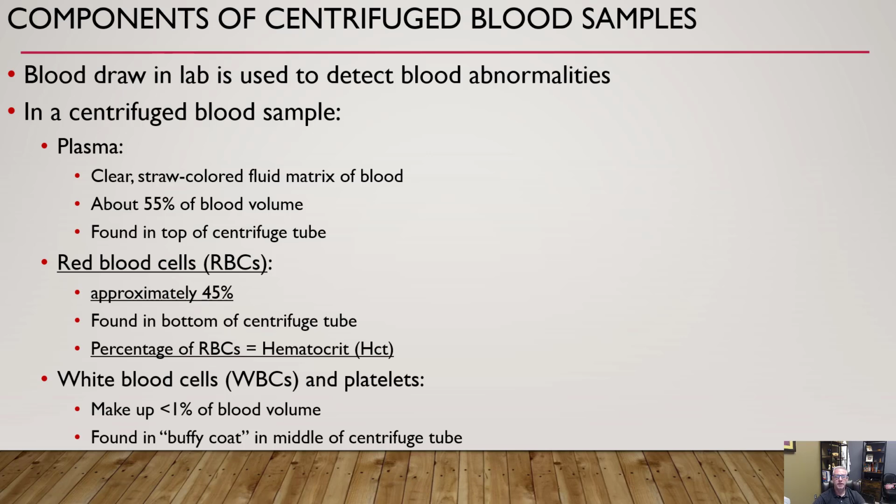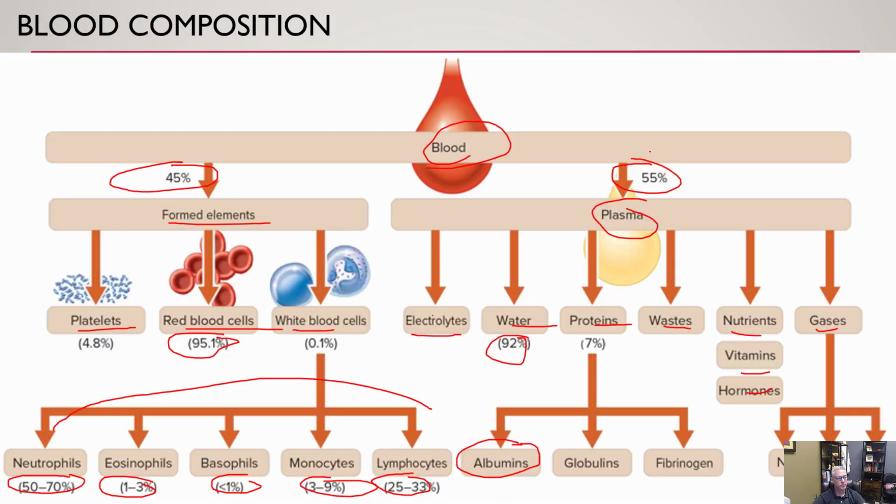All right, so when we go to the doctor's office, nurse practitioner's office, whatever, we get our blood drawn, and they put it in this machine, and they can spin it down if they want to, and we can separate it out. So we can see that we have this plasma, which is about 55% of our blood volume. We saw that here.